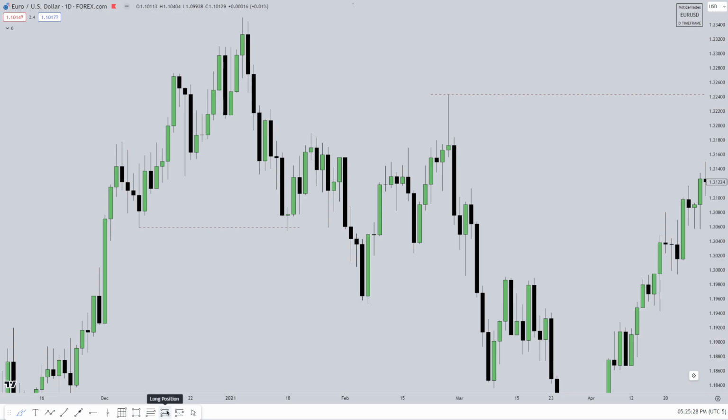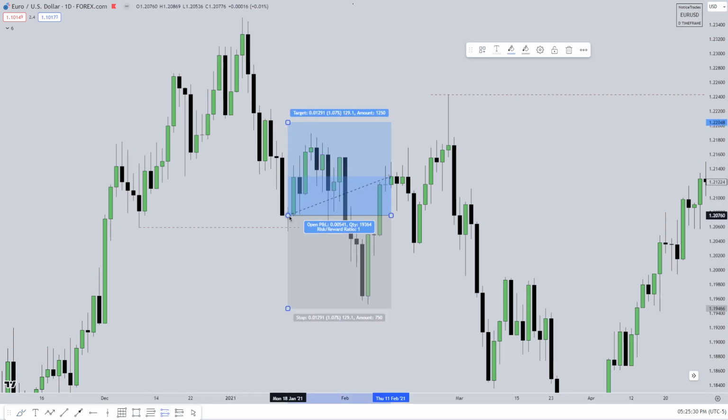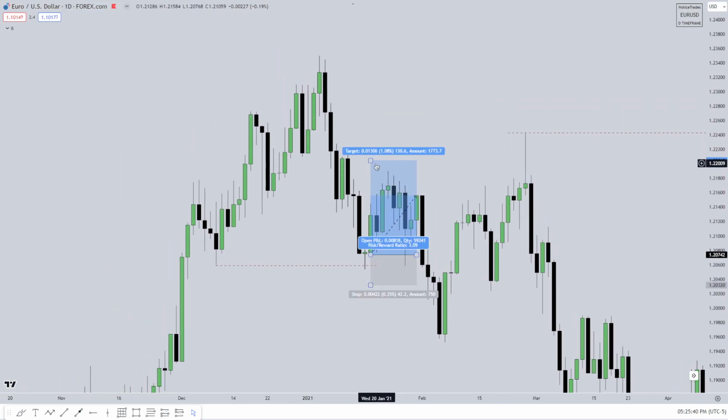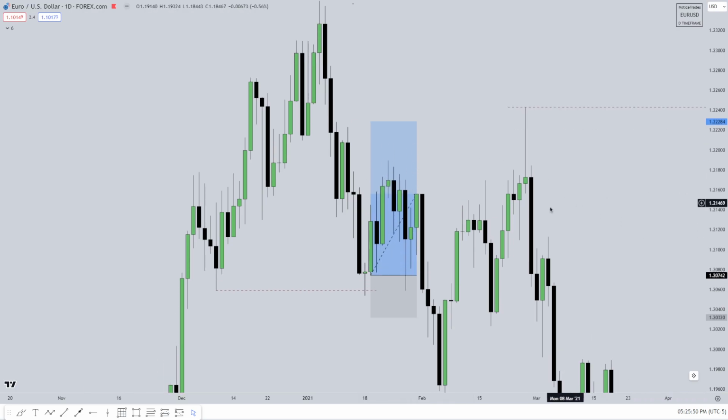So you would look something like this. Let's say you get in a long somewhere here, your stop's below this level here, and you're targeting, let's say we're being a little ambitious, somewhere in this gap here or something like that, right? This was obviously a big trade if it were to play out.